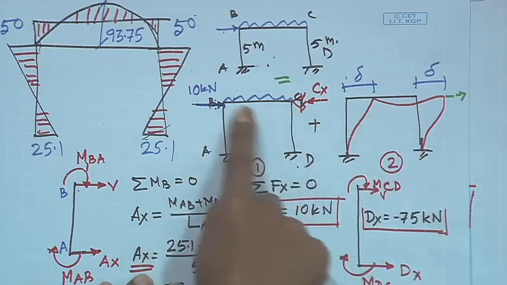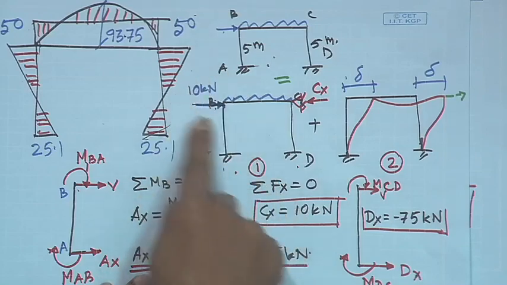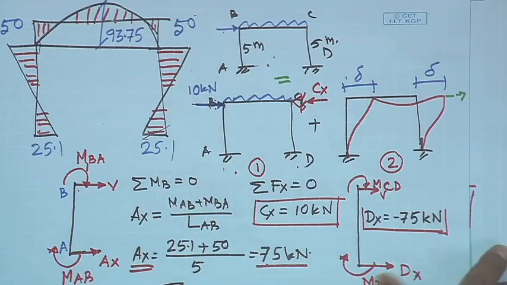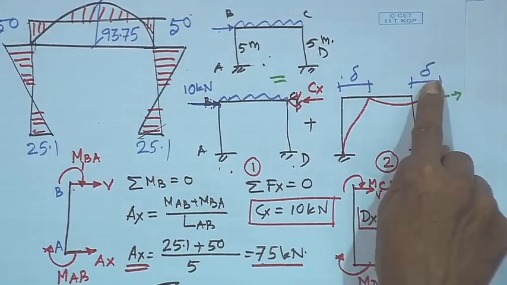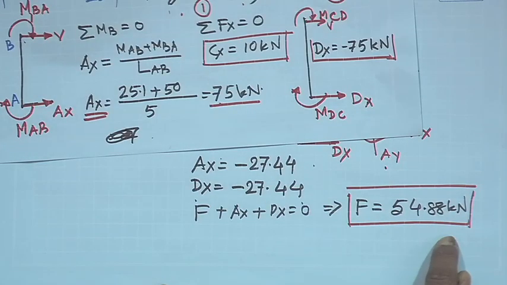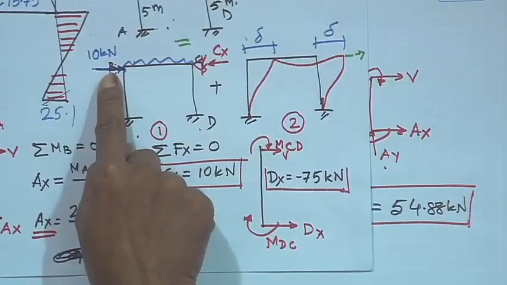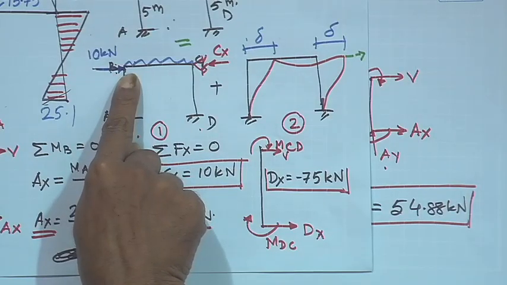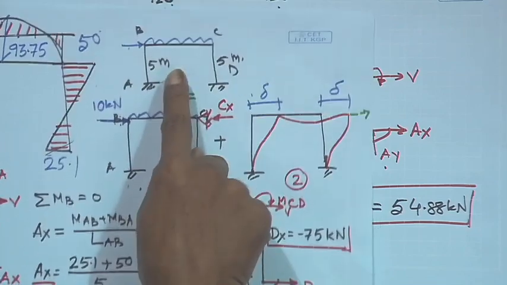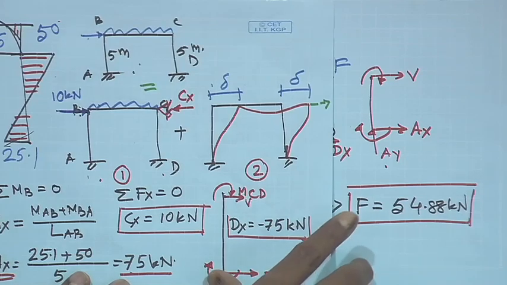So, the sway is actually taking place because of this 100 kilonewton force. Now, the amount of sway we assume is 100 by EI, and that sway is due to 54.88 kilonewton force. Means if we apply 54.88 kilonewton load in the actual structure, then what will happen?